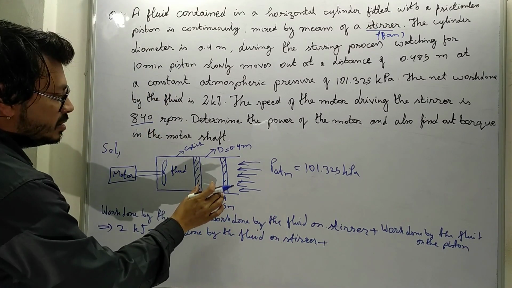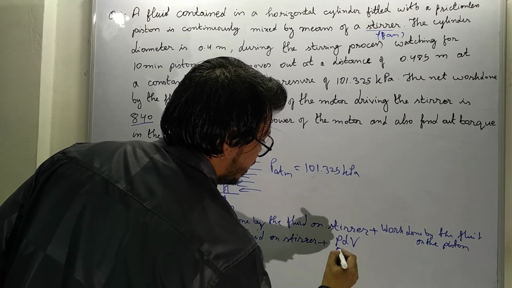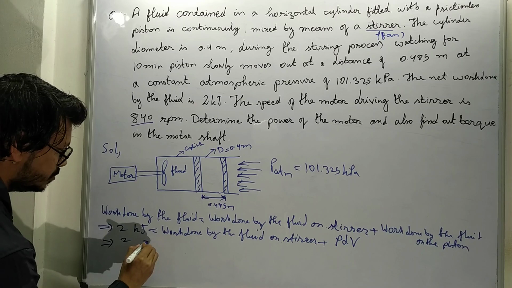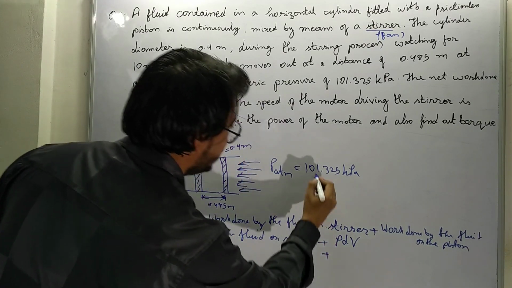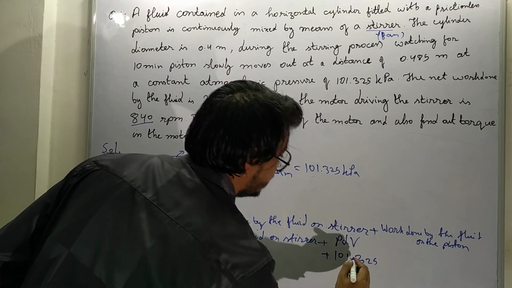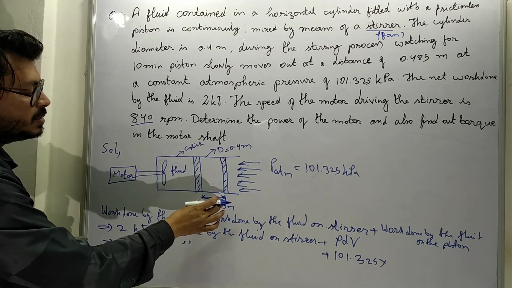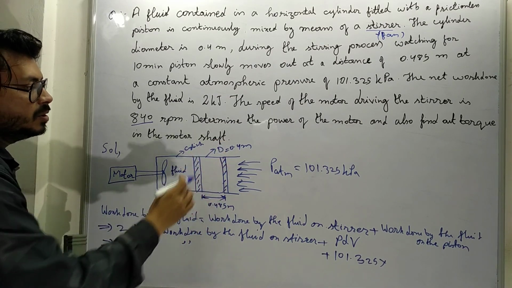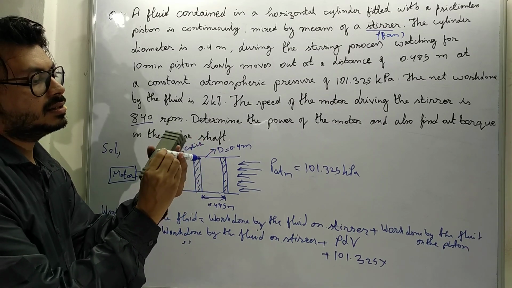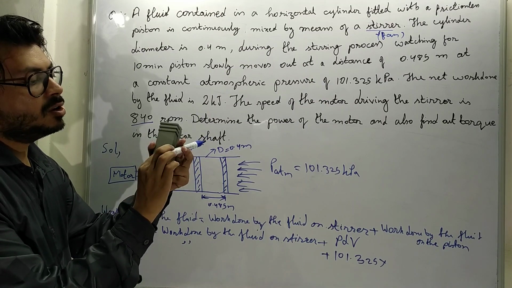This is the displacement, so the work done is pdV, and for this p we have the pressure 101.325 into change in volume dV. See, this is the displacement and this is the diameter. We know that the cross section area multiplied by the displacement is the volume.